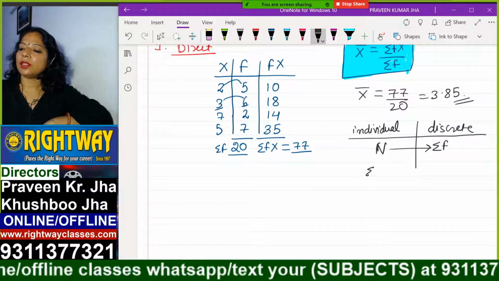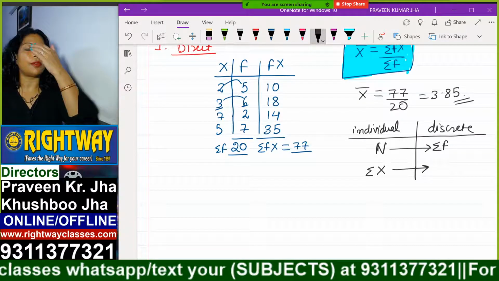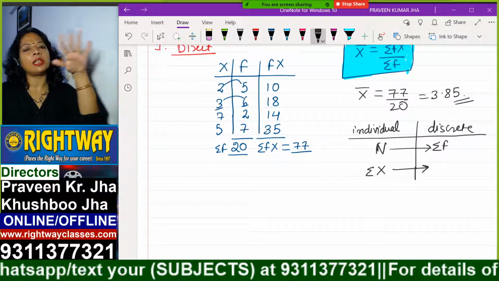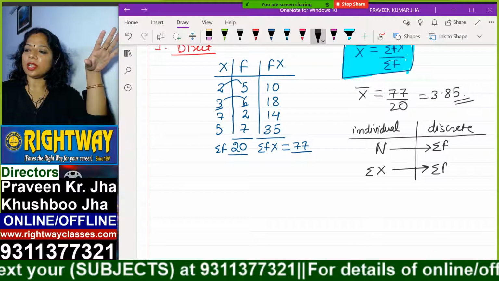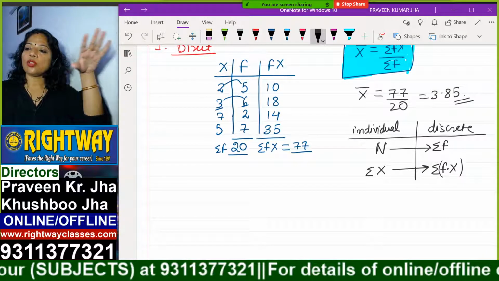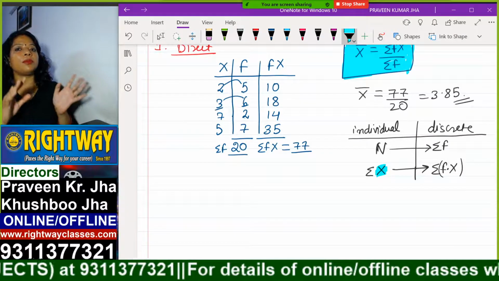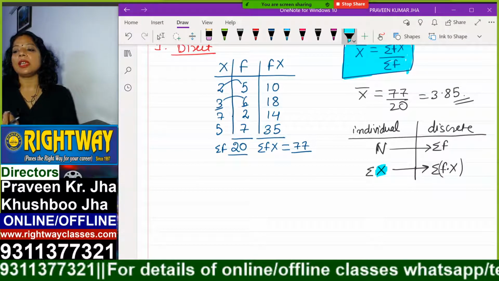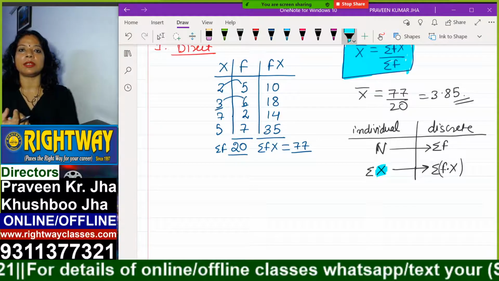In individual, summation x is there. Whatever formula has summation x in individual, this will work in all the chapters which we will read. Here it will be summation f into x. So the quantity which is under summation must be multiplied first with f and then we have to take summation. This is the rule which we will follow in discrete.